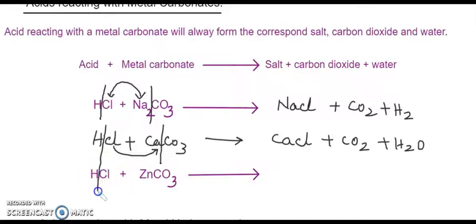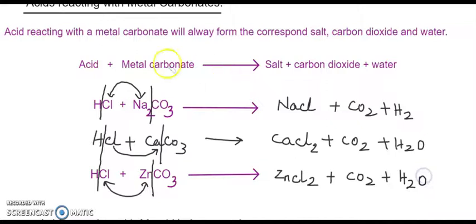HCl will break off as H positive and Cl negative. Zinc carbonate will break off as zinc and carbonate. Zinc is going to react with chlorine to form zinc chloride, right? Plus carbon dioxide and water. So carbonate will react with hydrogen to give carbon dioxide and water.